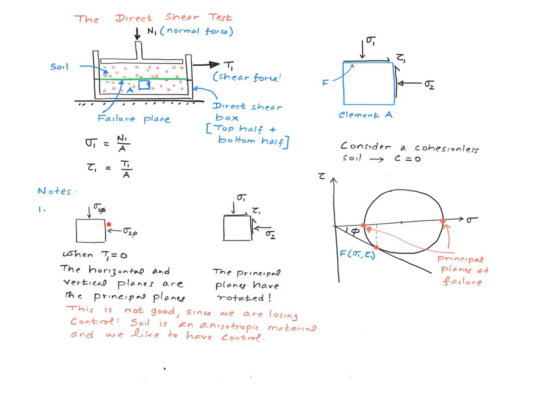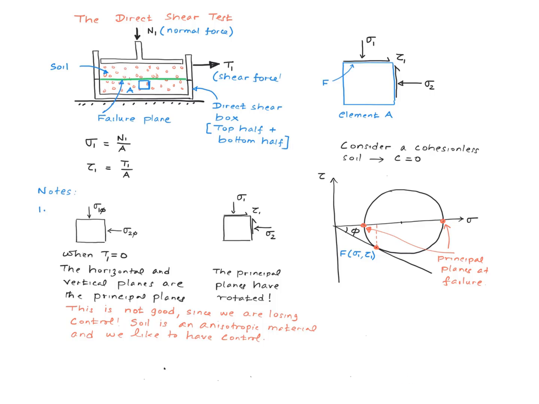There are no shear stresses because we haven't started applying the shear force yet, right? But then as soon as you pull the top half in the horizontal direction, you are applying a shear stress on the horizontal plane, and therefore the horizontal and the vertical planes are no longer the principal planes. At failure, these are the principal planes.